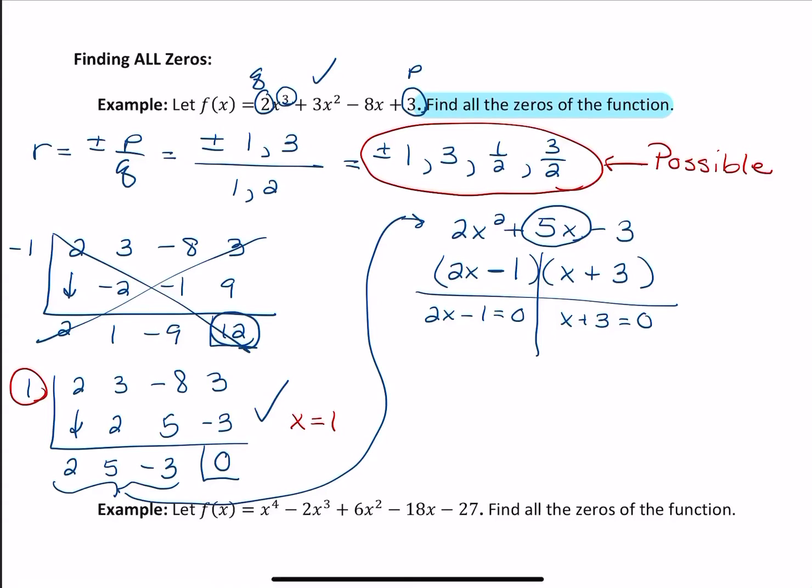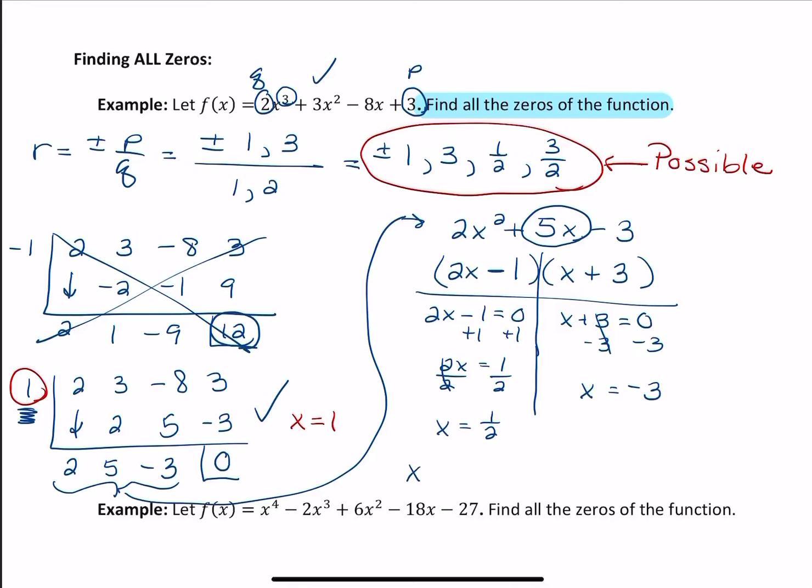This will be, if I add 1 and then divide by 2, I end up with x equals 1/2. And then here I'm going to subtract 3 from both sides. So I end up with x equals -3. So don't forget your original one that worked.